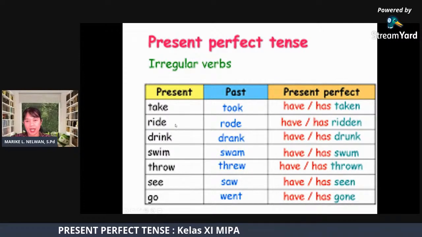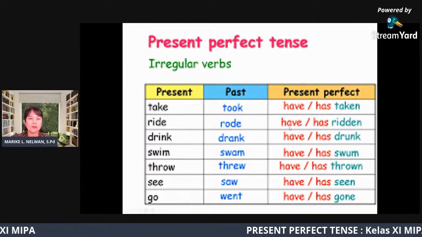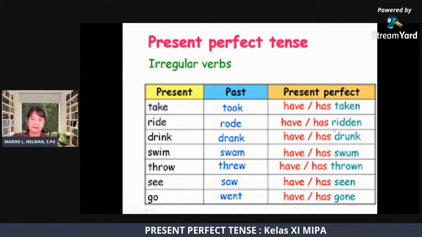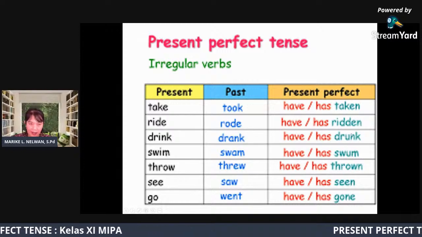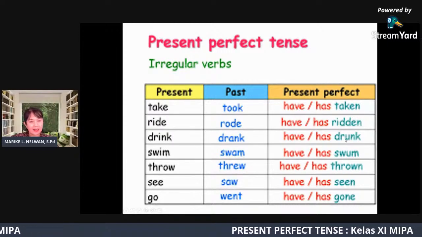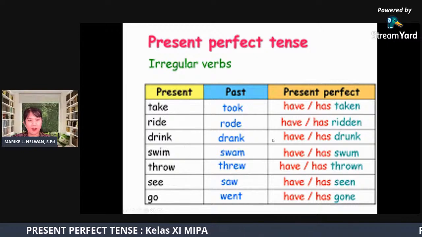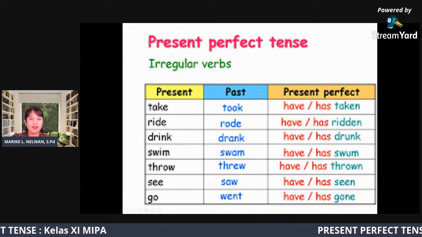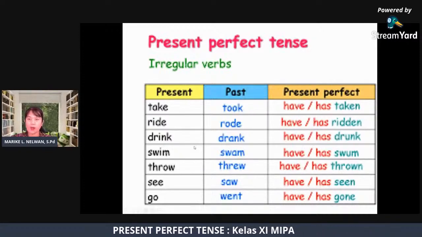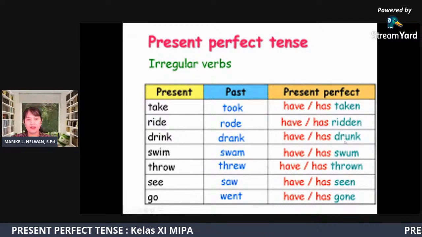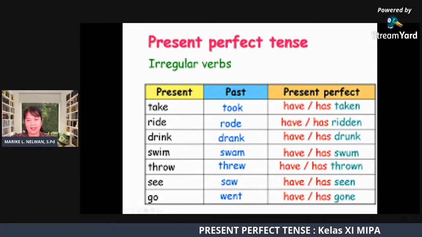Berlaku juga untuk write, bentuk keduanya wrote, dan untuk present perfect kita harus merubahnya menjadi written. Drink, drank, drunk. Guys, if you want to make present perfect, and then what should you use? Of course, you have to use drunk. Not drank or not drink, tapi drunk didahului oleh have dan juga has.